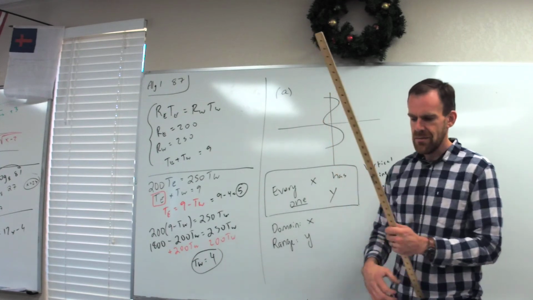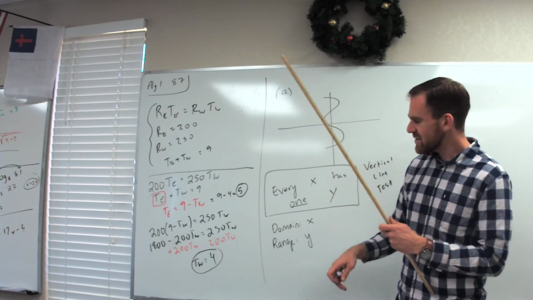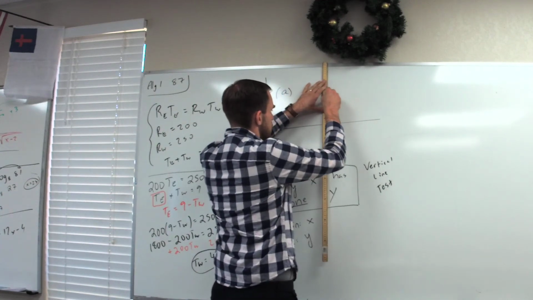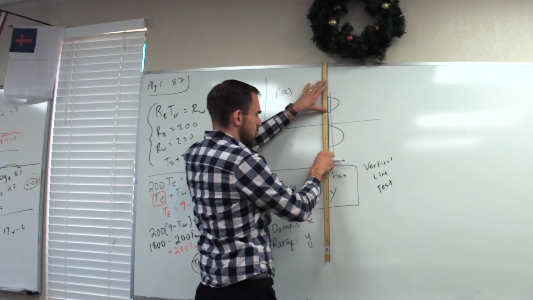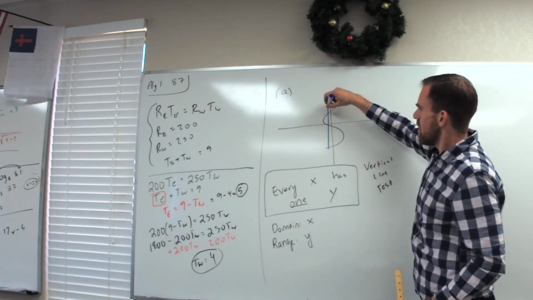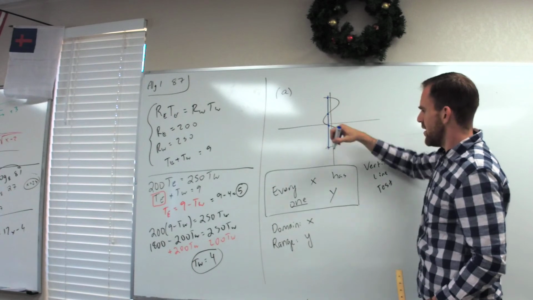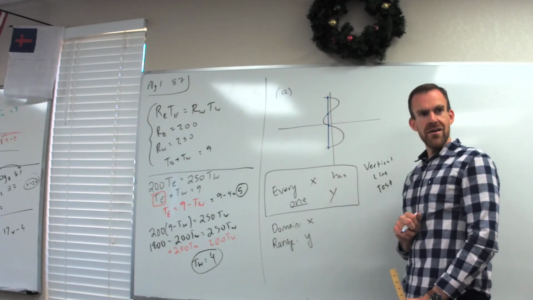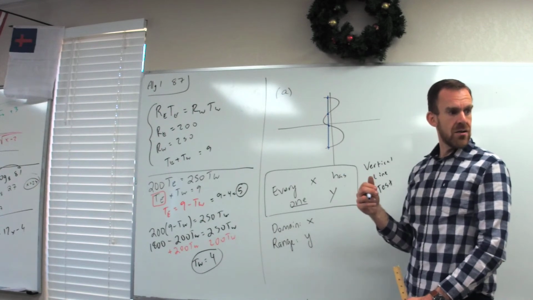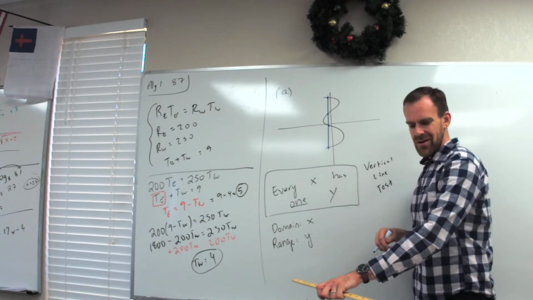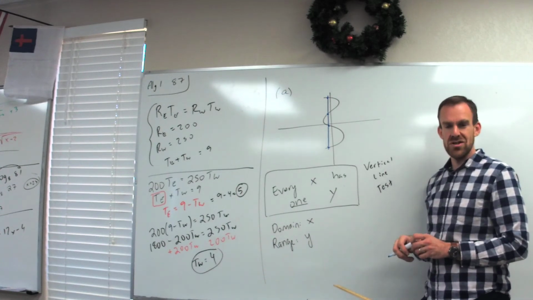Why? Because for this x, it crosses more than once. In fact, how many times does it cross? 1, 2, 3, 4. Does that x value have 1 y? No, it has 4. Therefore, it is not a function.